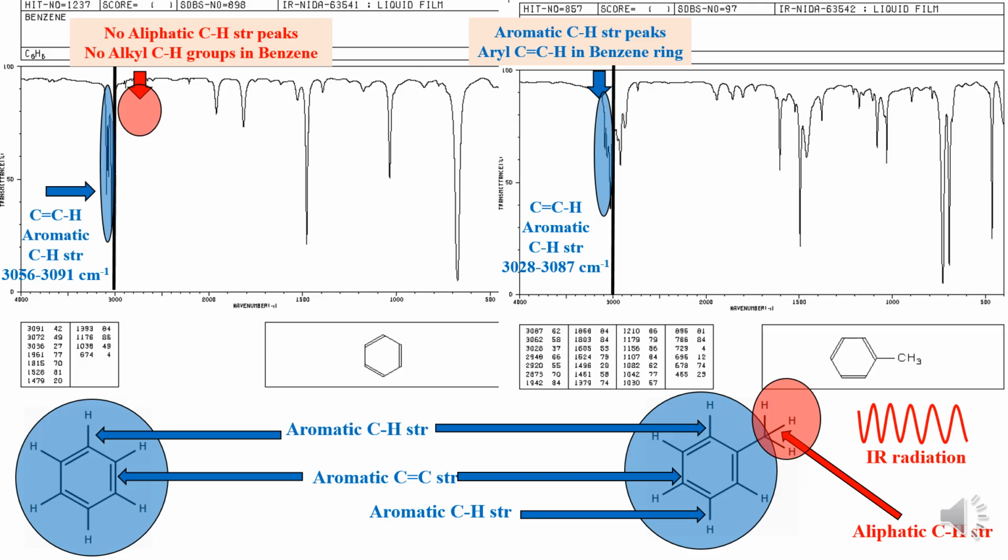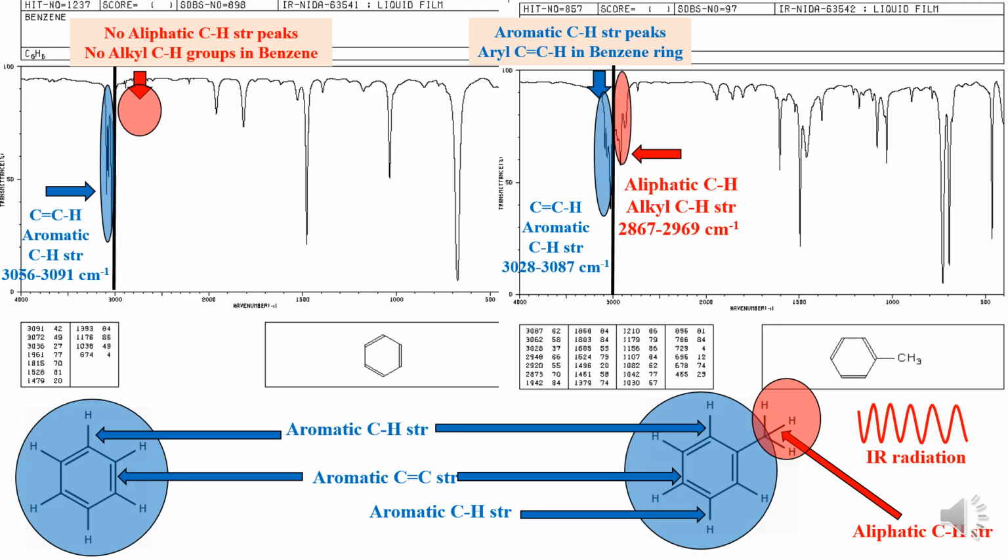Because both the compounds have a benzene ring with aromatic CH bond and aromatic carbon-carbon double bond. In the case of methyl benzene, you find the presence of the methyl group directly attached to the benzene ring, which contributes to the aliphatic CH stretch.